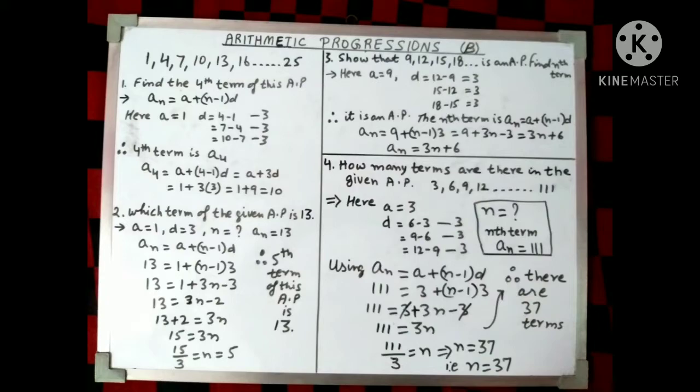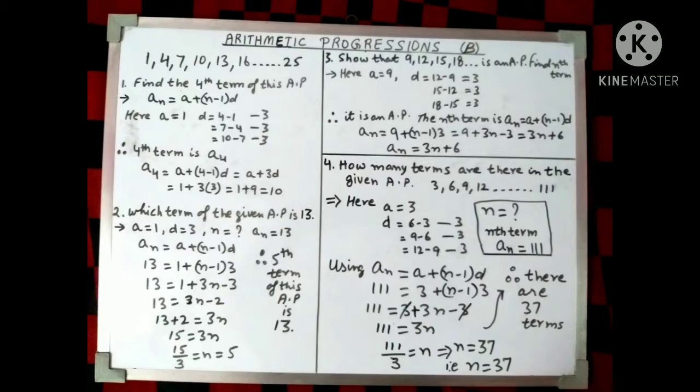So we have to check how many terms will come till 111. We use the formula an is equal to a plus (n minus 1)d. 111 is equal to 3 plus (n minus 1) into 3, because a is 3 and d is also 3. So we get 111 is equal to 3n, that is 111 divided by 3 is equal to n, which gives us n is equal to 37.